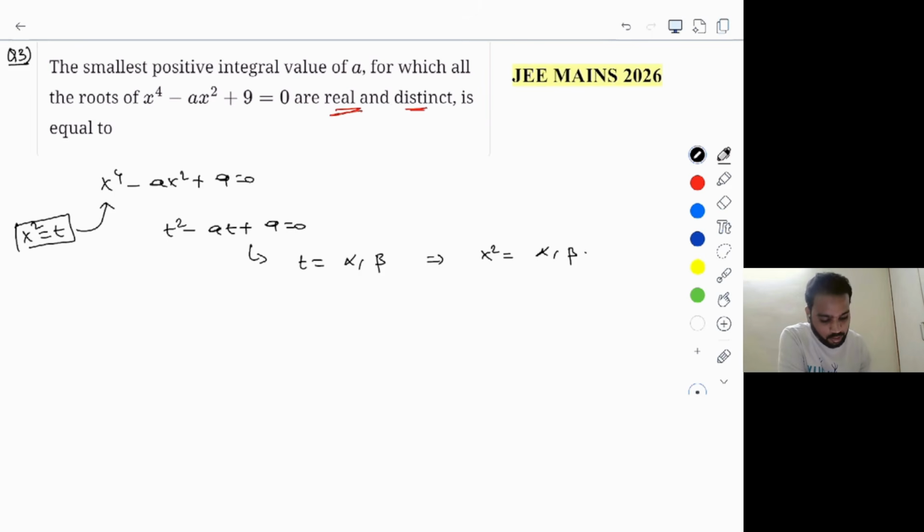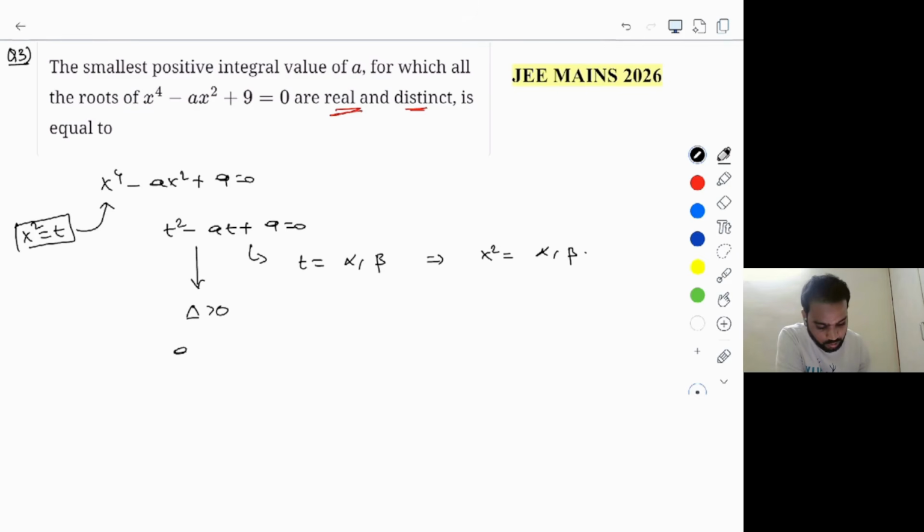So since alpha, beta are real numbers, I can directly say for this quadratic polynomial in terms of t, delta should be strictly greater than zero, right? Because if x^2 = alpha, beta, and alpha, beta are complex numbers, will you get the required real roots? Not possible, right? That is why first let's ensure alpha, beta both are real numbers.